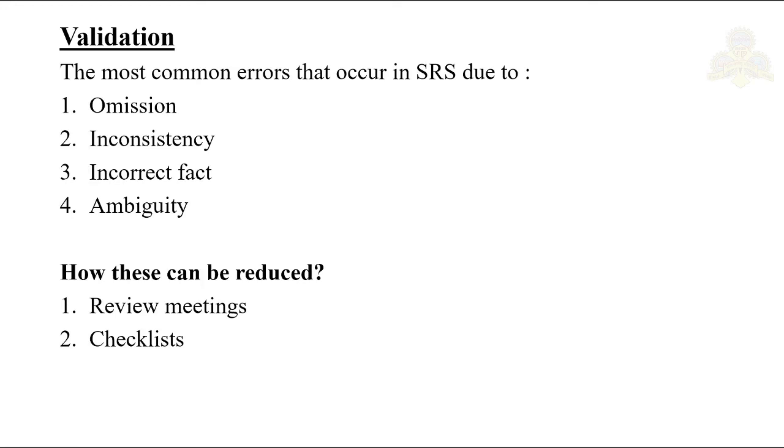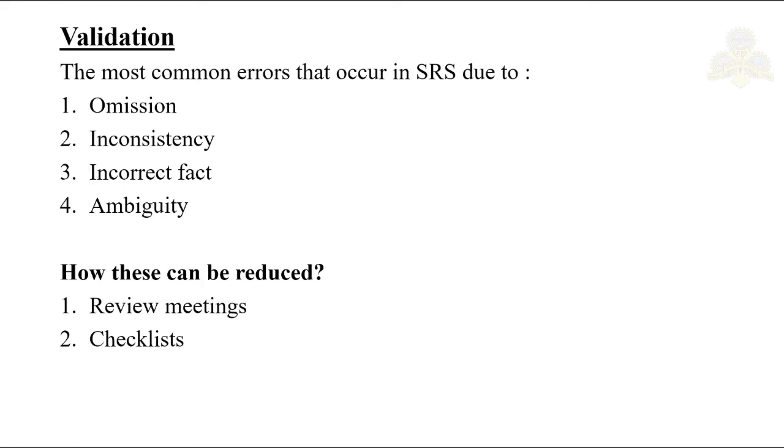This review group should include the author of the SRS, someone who understands the needs of the client like the analyst, then a person from the design team, a person from the development team and the test team, and a person who is responsible for maintaining the requirement documents. These people will come together, form a group, and go through the SRS to check whether they have missed something or whether some incorrect fact is present, or the requirements are inconsistent. So all these things can be checked in this review group.